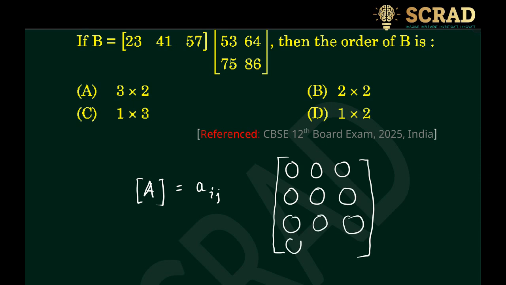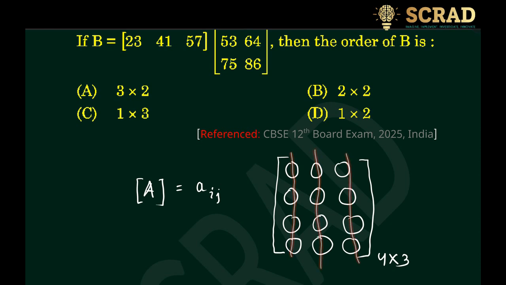For example, I am taking a matrix of 4 cross 3. Why is it 4 cross 3? Because it has 4 rows, these are 4 rows, and 3 columns, these are 3 columns.